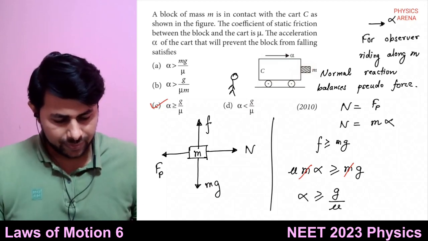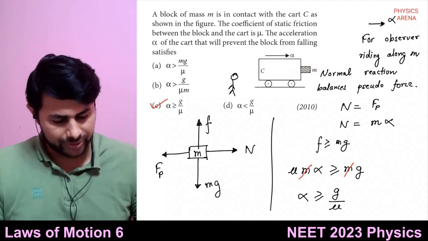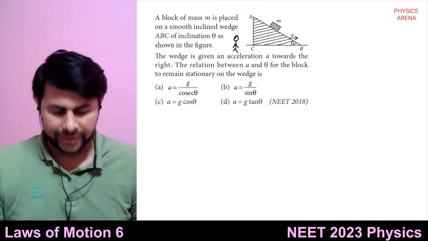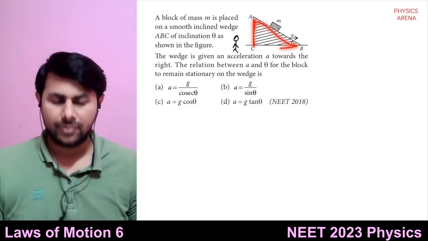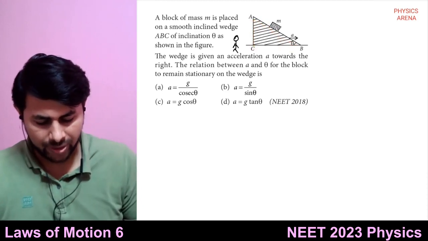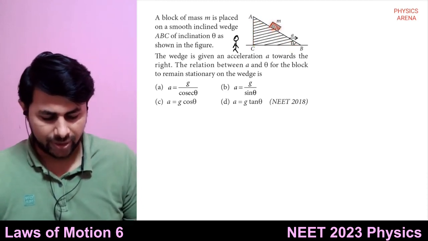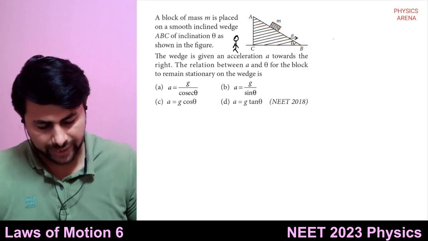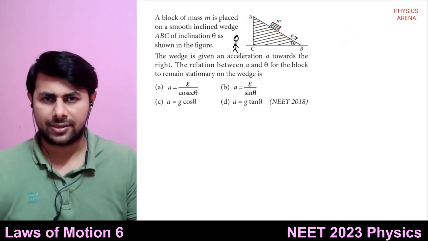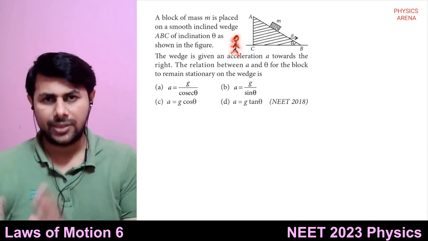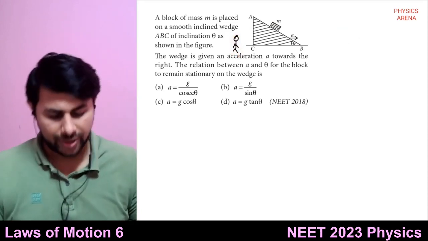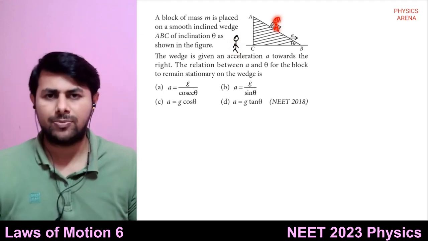Okay, so this is how we solve problems using a non-inertial frame of reference. So earlier in this problem also, what is this problem? A block of mass m is kept on the smooth inclined plane, and the incline is accelerating like this. Earlier we considered an observer who is inertial. Now we will consider an observer who is riding along with this block.